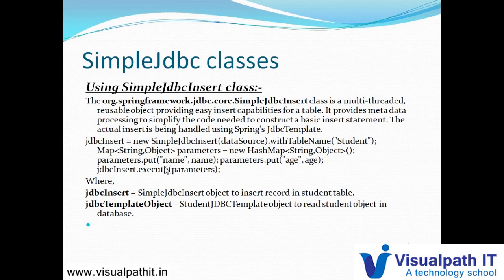That is, we are using Map String comma Object, some value here we can give. Using the hash map, we are putting one by one all the names and ages of the students. We can also have some additional methods inside, but this is the basic methodology of how we are using the simple JDBC insert.